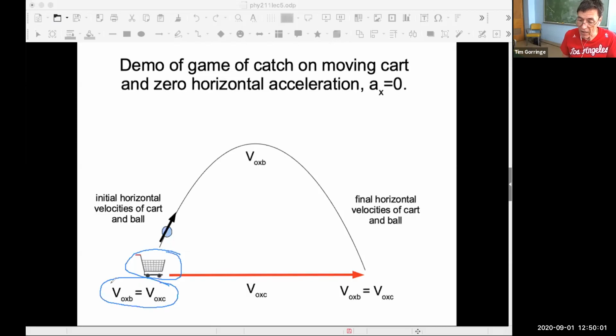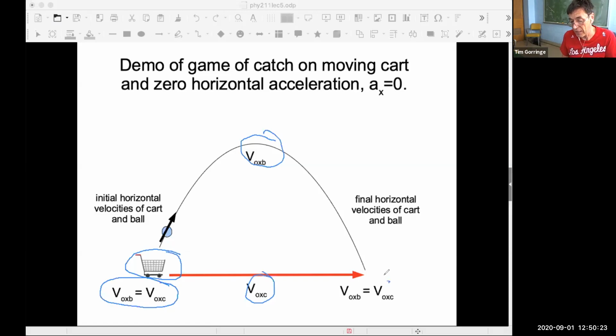So they start out with the same horizontal motion, and as they travel from the left and right, we'll see this, they continue with that same initial horizontal velocities. The ball and the cart do. It's not changing, despite their very different paths.